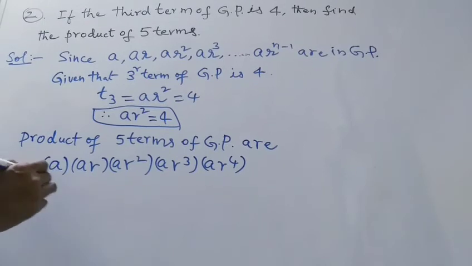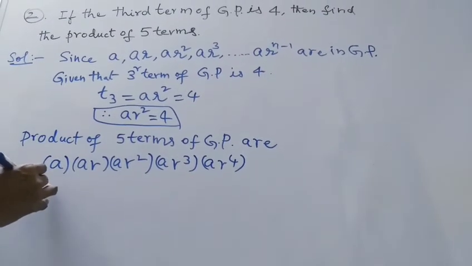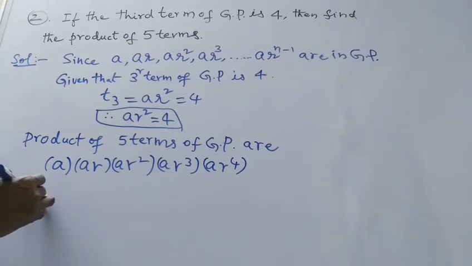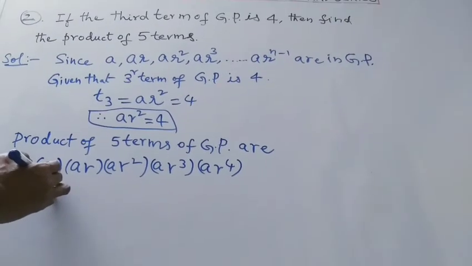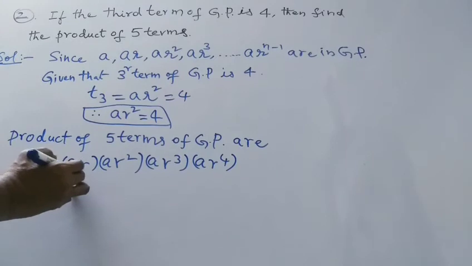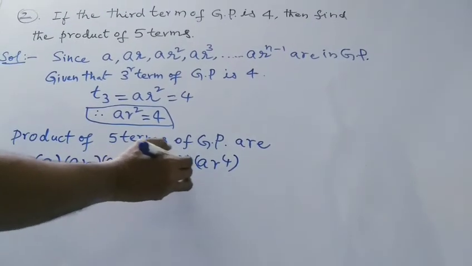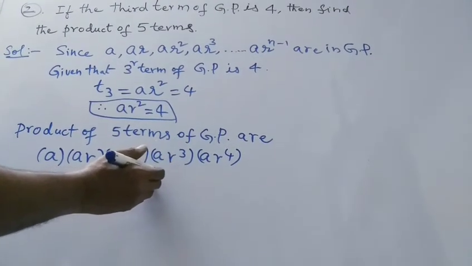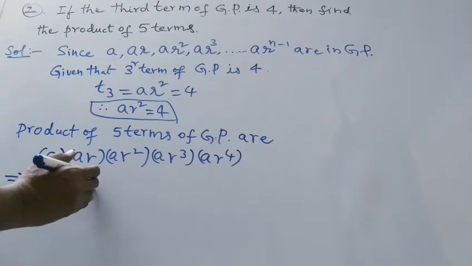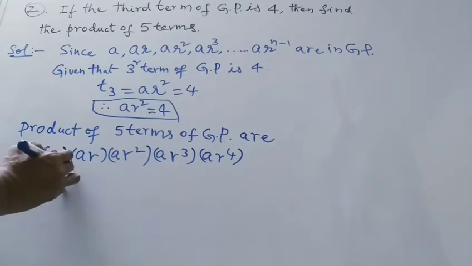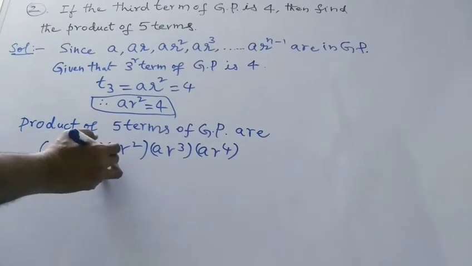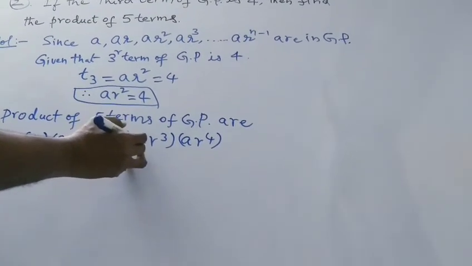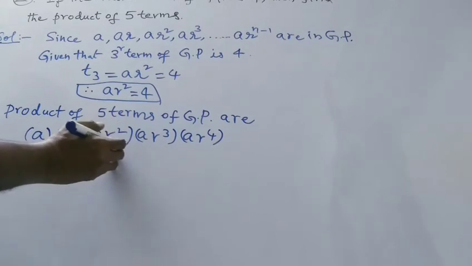So, A into A into A into A into A becomes A to the power of 5.